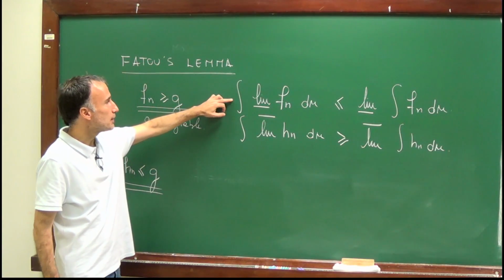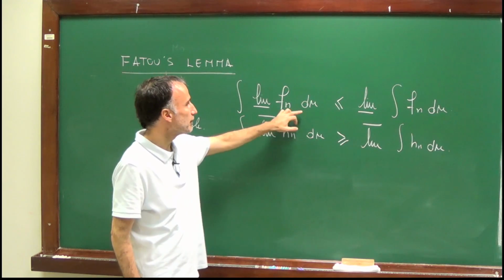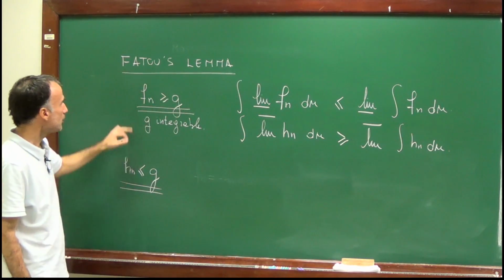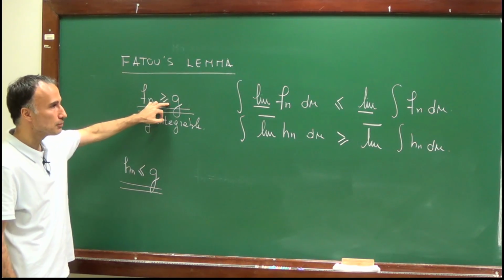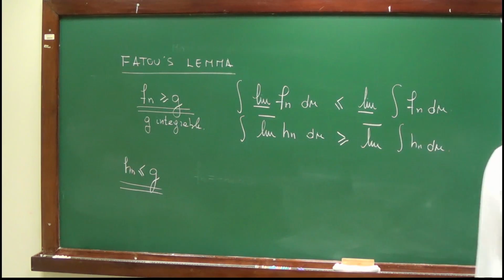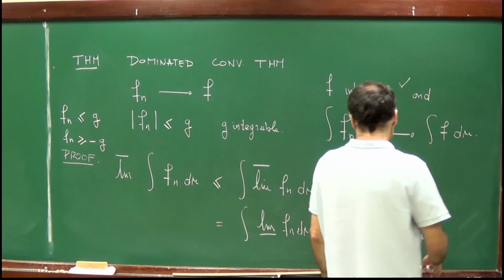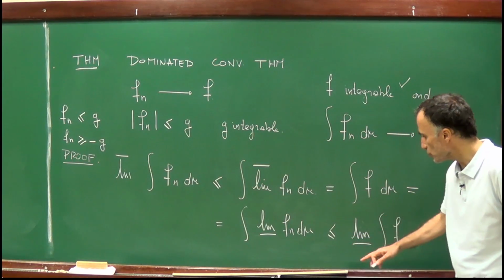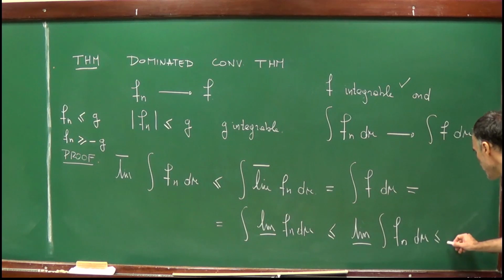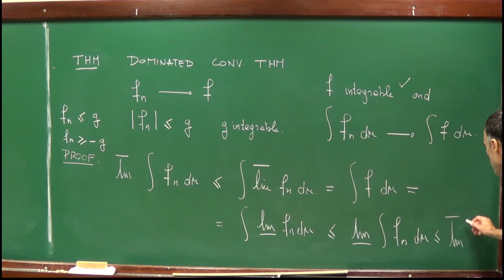What I'm using now is that the integral of the limit inf of fn d mu is smaller than the limit inf of the integral of fn, because fn is bounded below by an integrable function. So this justifies that inequality, and this limit inf is clearly less than or equal to the limit sup of the integrals of fn d mu.